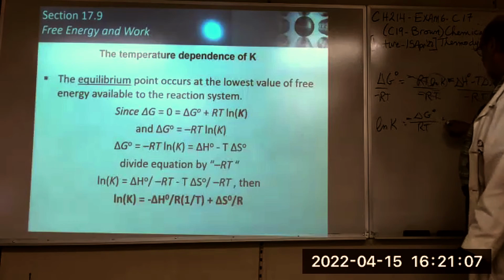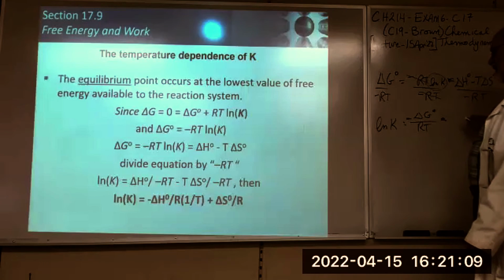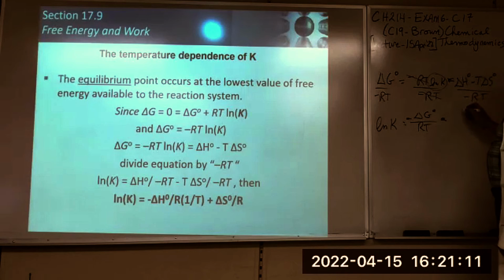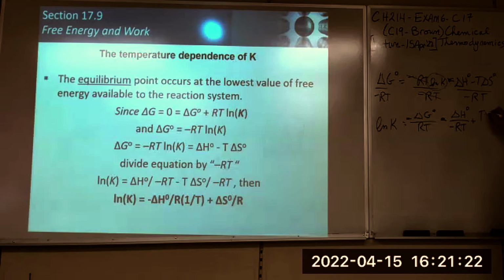We're not interested in this one right now. We're interested in this part over here, which is delta H0 over minus RT and plus T delta S0 over RT, and the T's cancel.